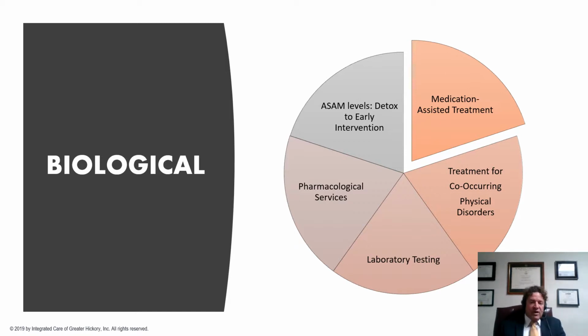Who's paying for it? If it's uninsured, who's interpreting it? Very often these laboratory tests are misinterpreted. Pharmacological services: is the medication appropriate? And can the patient afford it? Is it being diverted? Is it being taken appropriately?